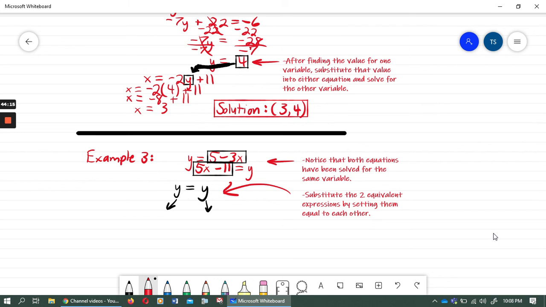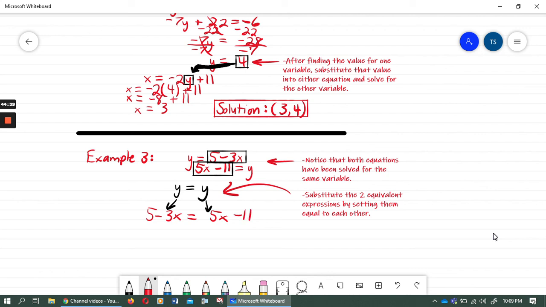Since y is equal to y, 5 minus 3x is equal to 5x minus 11.